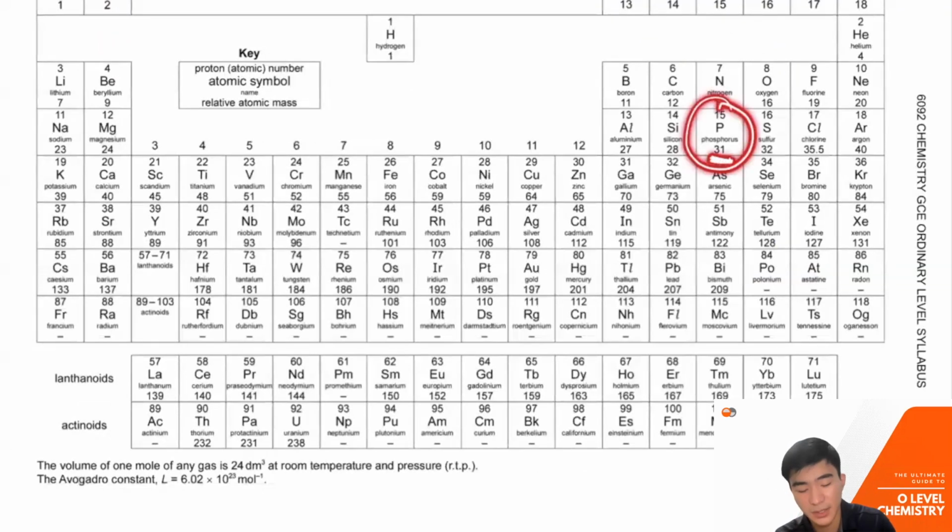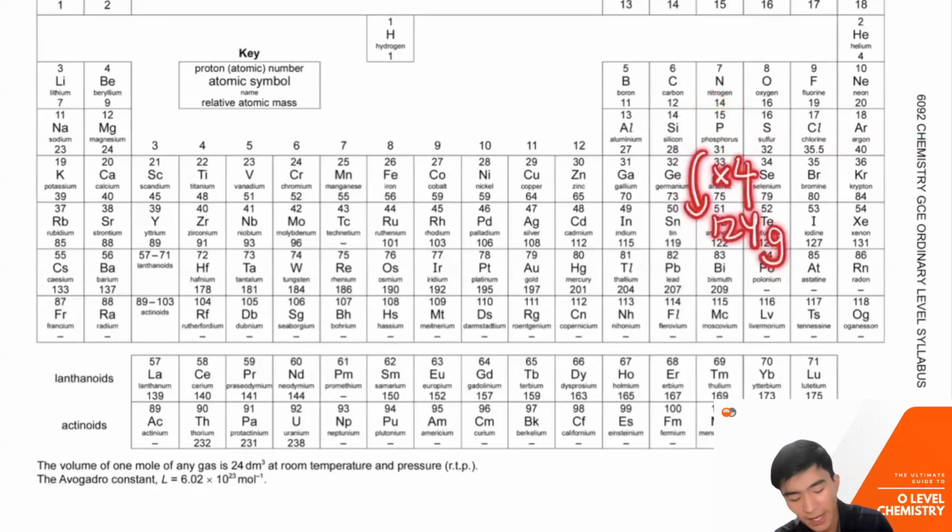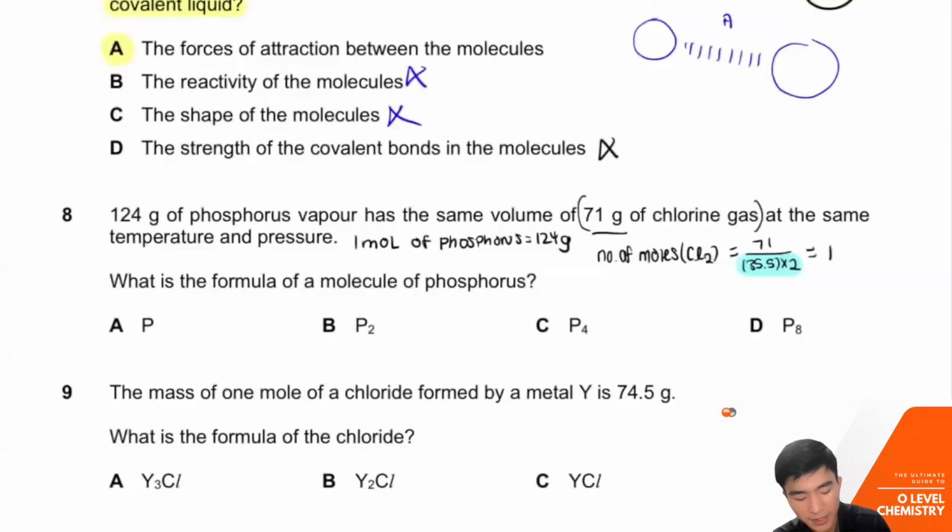Mass of phosphorus is 31. So for me to be able to get 124 grams of it, I need to multiply by 4, right? So in this case, for every 1 molecule of phosphorus vapor, there will be 4 atoms. Okay, 4 phosphorus atoms. And hence your answer for this question will be option C. Okay, so this is for phosphorus.